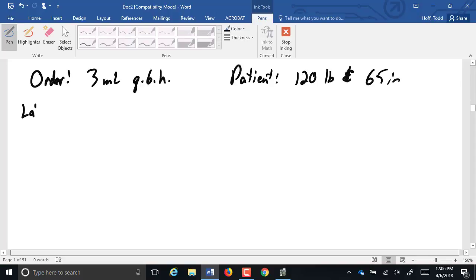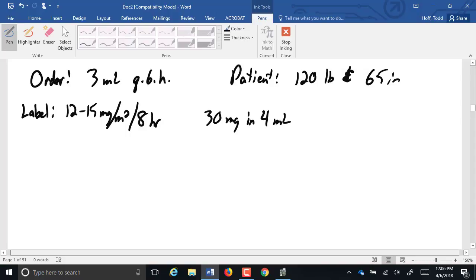The label is 12 to 15 milligrams per meter squared every 8 hours. And it is 30 milligrams in 4 milliliters. So I'm going to have you guys find the recommended range for that medication and check to see if the doctor's order is in that range.